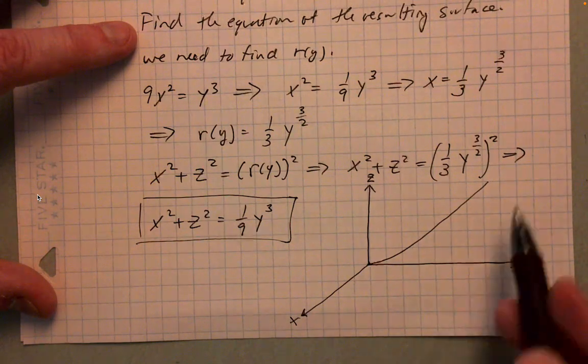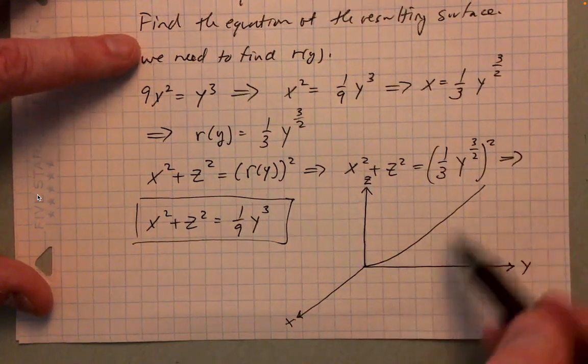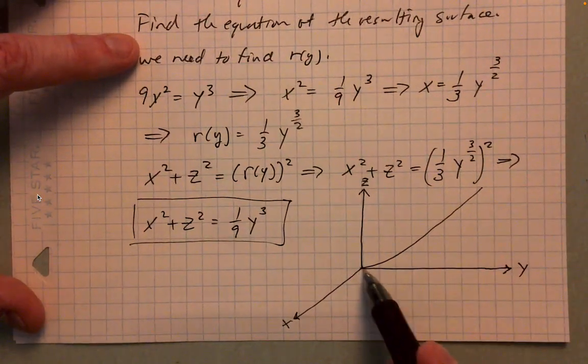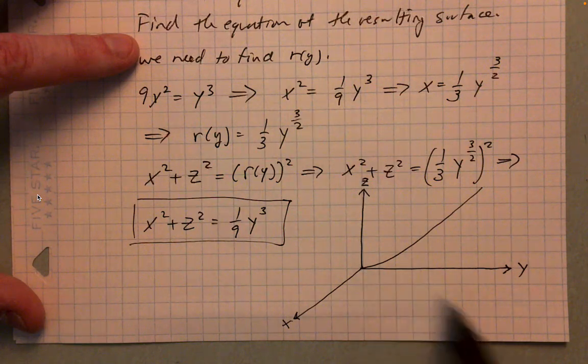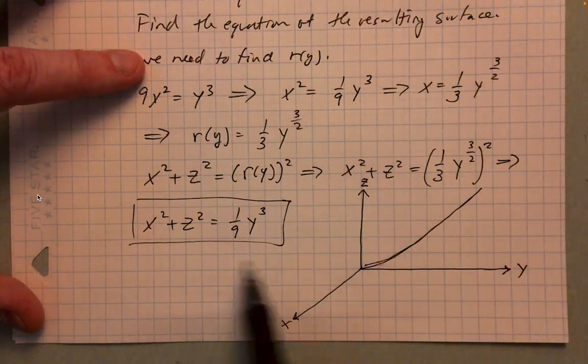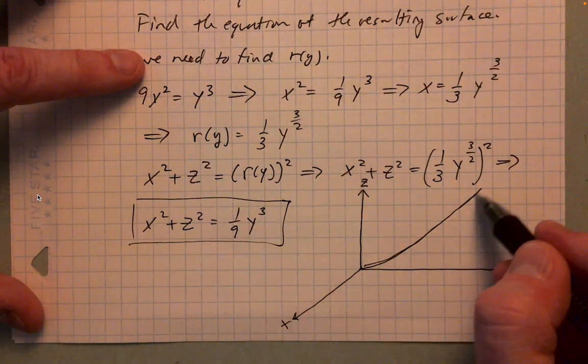Technically, this would be in the xy plane, but I'm drawing it in the yz plane simply because it's easier in this orientation. You can imagine the same curve here in the xy plane. It's going to come up like this. It's basically 1/9 y cubed, so it's going to come up like that.